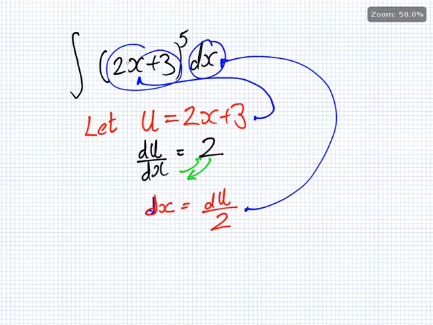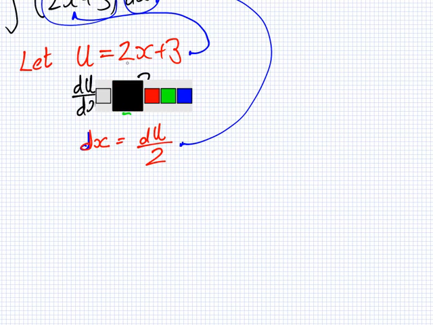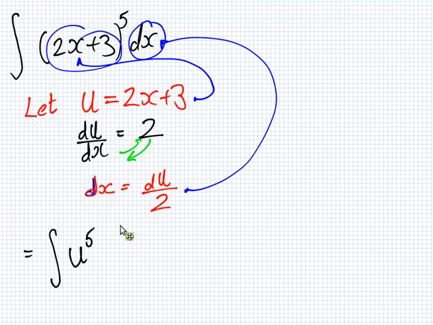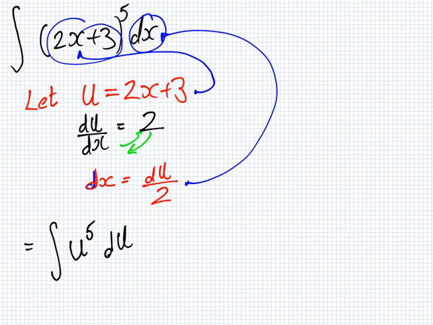So let's see what we get now. So this becomes the integral of u^5 du over 2, which is a half the integral of u^5 du. So, by using this substitution, I have simplified the problem into this.